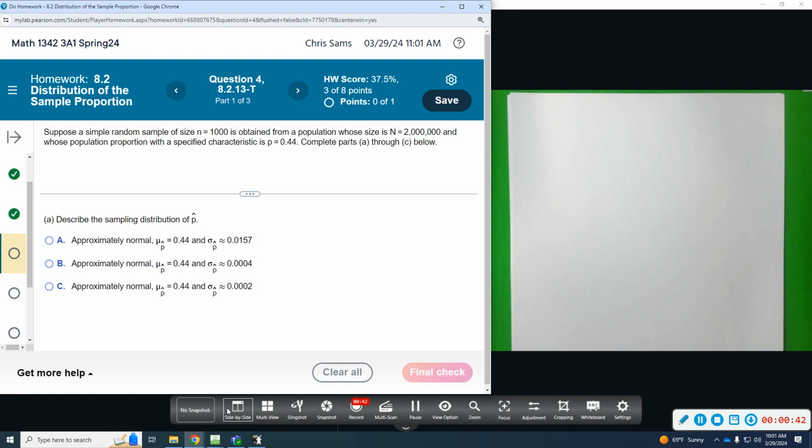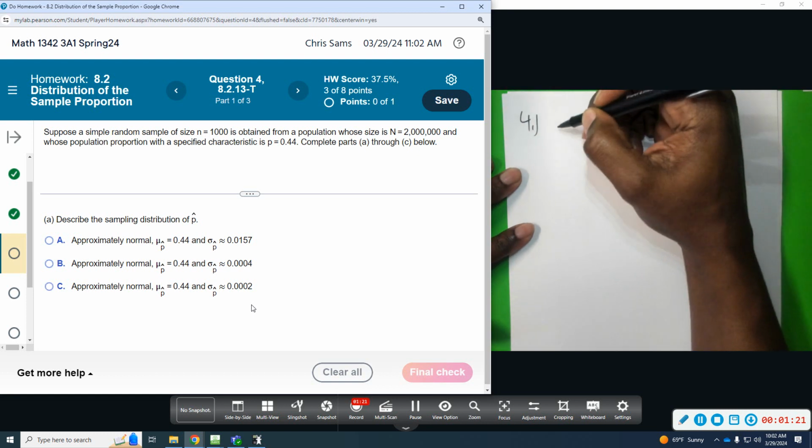So what this is saying is that the conditions for normal have been verified, so the sample size is not too big and independence is going to be confirmed, and the characteristics state that the sample proportion mean is going to be equal to the true proportion. So all of the answer choices have the correct proportion. It's the standard deviation that we have to figure, and you can see they're all rounded to 4 decimal places. So with this problem, we just have to figure out the standard deviation.